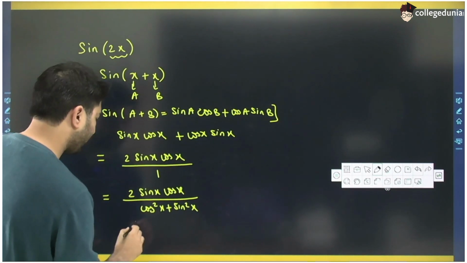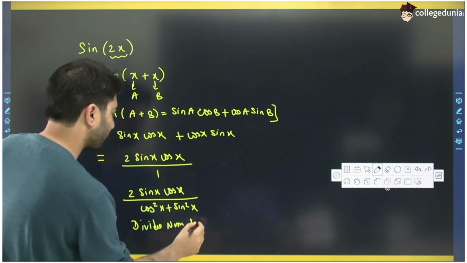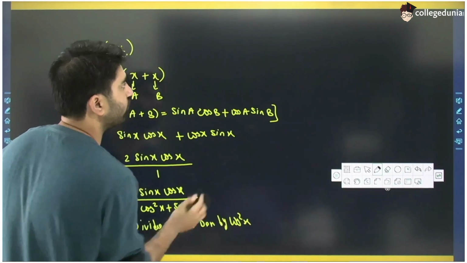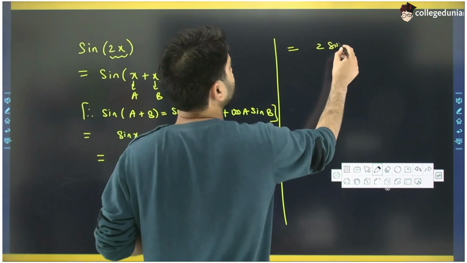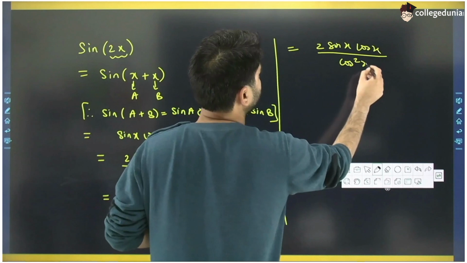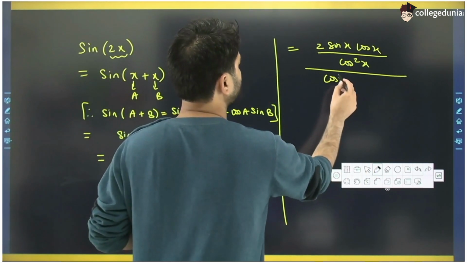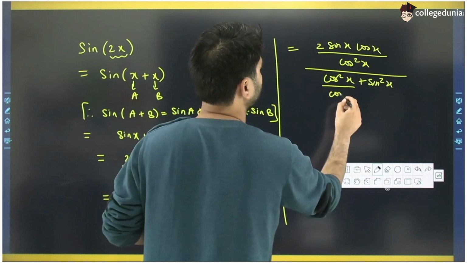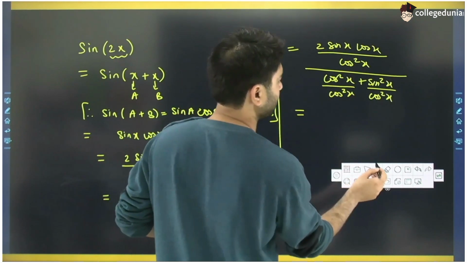And if we divide the numerator and denominator by cos square x, so 2 sin x cos x will be divided by cos square x, and this cos square x plus sin square x will also be divided by cos square x.